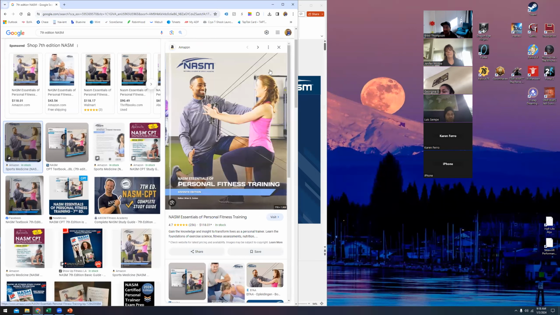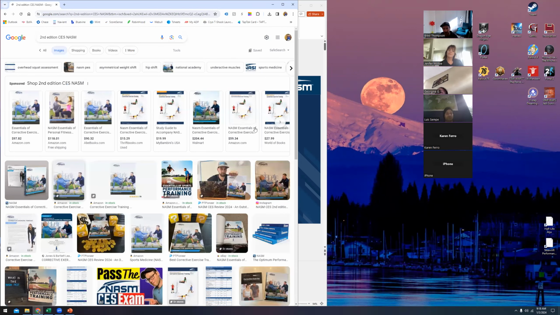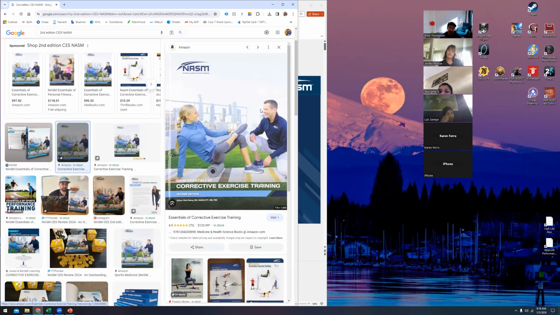The one that I need, the one that Luis was asking about earlier, is the 2nd edition CES. That's this one. This is the one that I think some of you guys have. Actually, maybe not. But yeah, this is the one that I need to get you guys. We've had a single copy sitting in the office for way too long. That I need to get you guys.